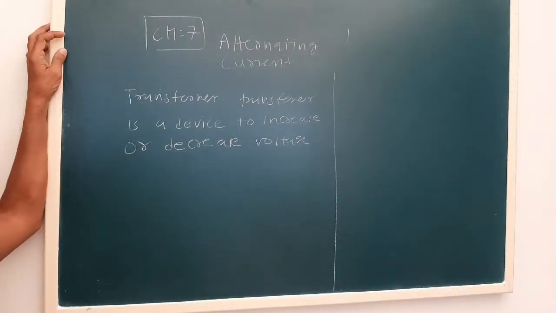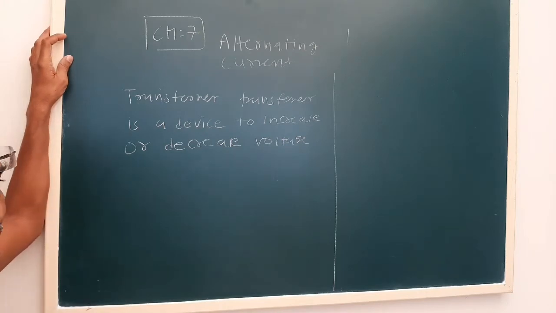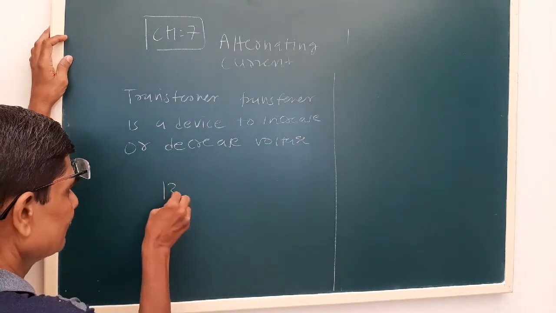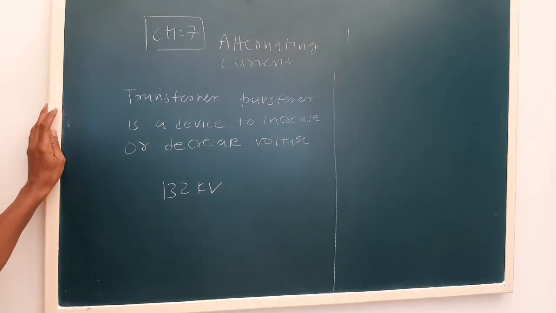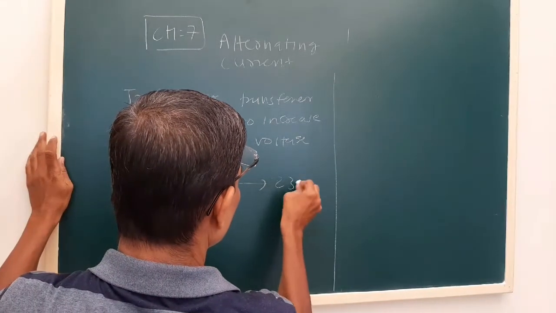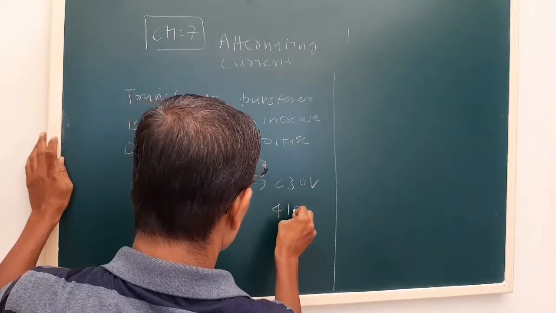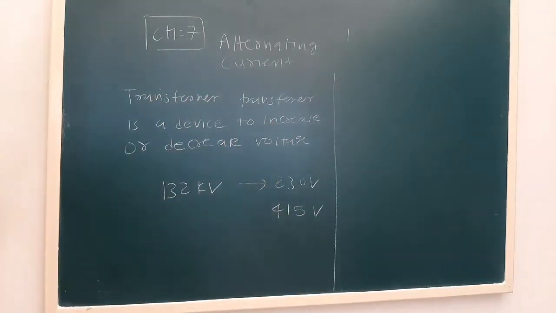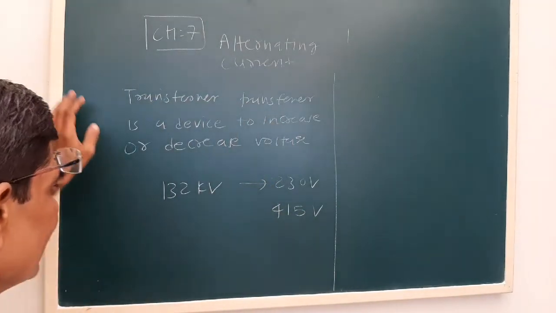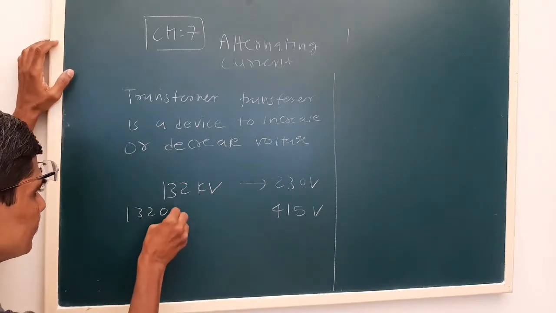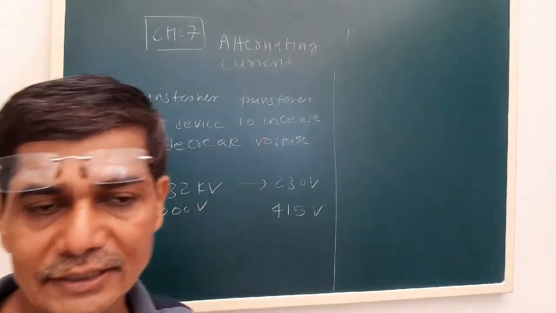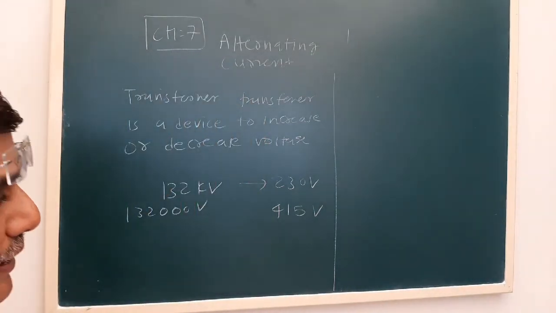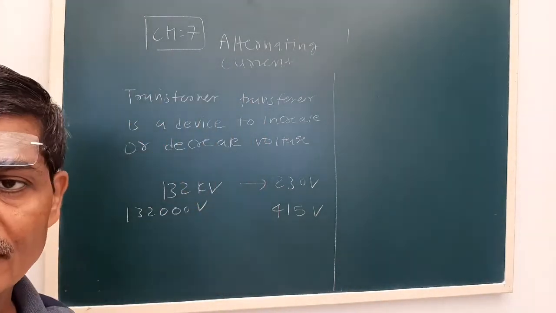Let us say the Torrent Power Company or GEB produces electricity at a very high 132 kilovolt. But at our home or in office, our voltage is 230 volt or 415 volt. So this is a very high value and this is a lower value. So there is a need to decrease the voltage, and that can be done by a device called a transformer.